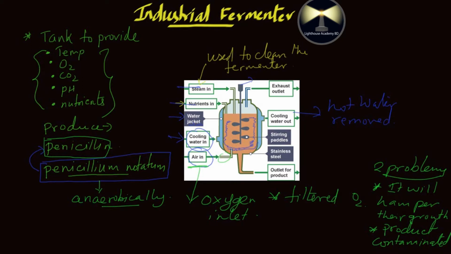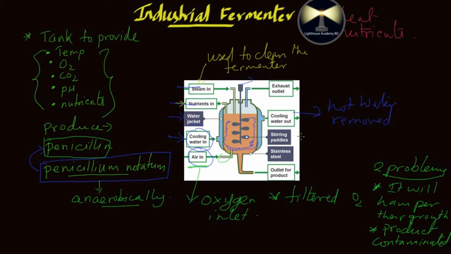They evenly distribute the heat. You can say heat. They evenly distribute the nutrients, and they help to keep the temperature of the fermenter at a normal level. Understood? So that's why these steering paddles are used. They ensure the temperature throughout the fermenter is even. This is the use of steering paddle.